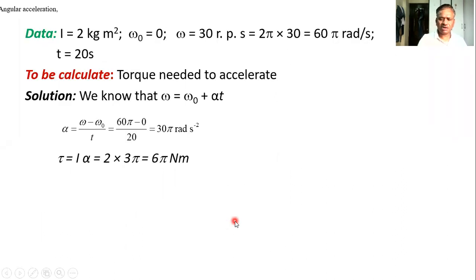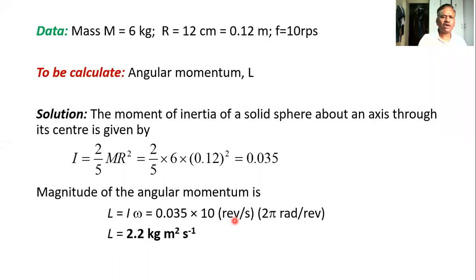Okay, 1 minute. Now 10 revolutions per second, then you convert it, because we know the formula omega equal to 2 pi f. F is nothing but rotations per second here.